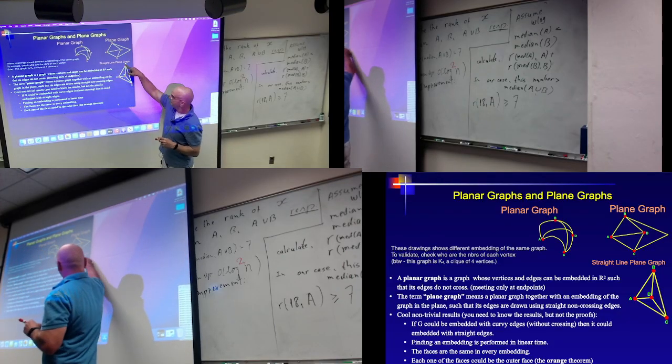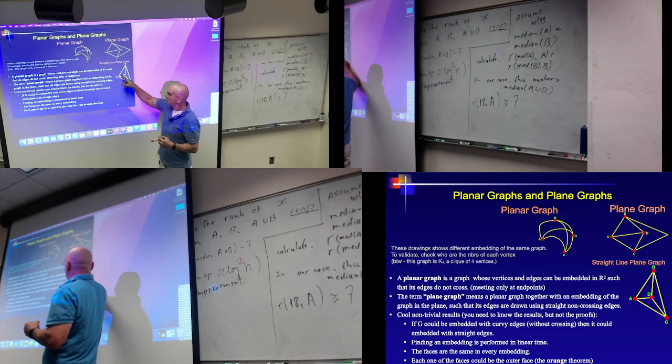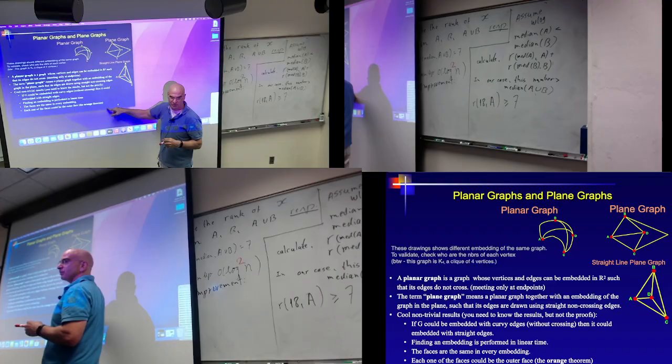How many faces do you see right here? There are 4 faces. 3 normal ones and one that we call the outer face that goes to infinity.